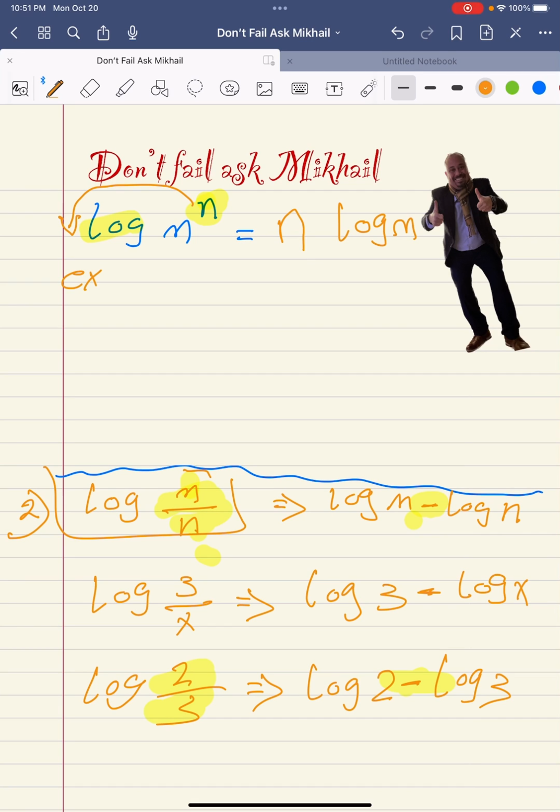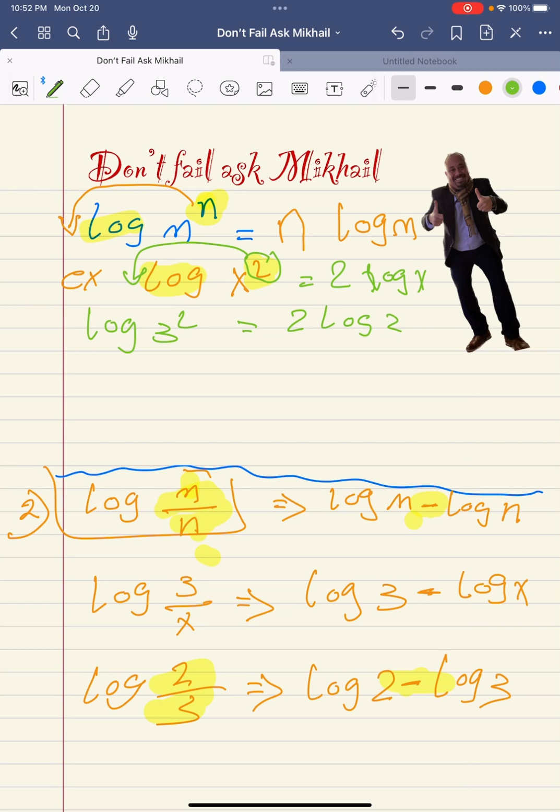Example, log x squared. As you see, there is an exponent here, and we have log. Every time you have an exponent, you take that exponent and put it in the front, and that will be 2 log x. All right, how about log 3 squared?